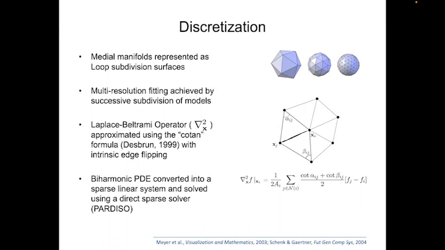So it just becomes a sparse matrix, an expression Ax equals b, where A is a sparse matrix, x is your unknown function, and b is a vector. A and b are nonlinear in x, but it's linear in the unknown function.